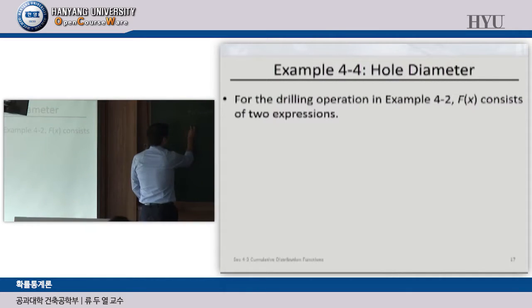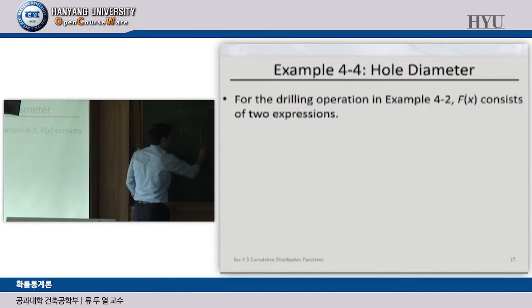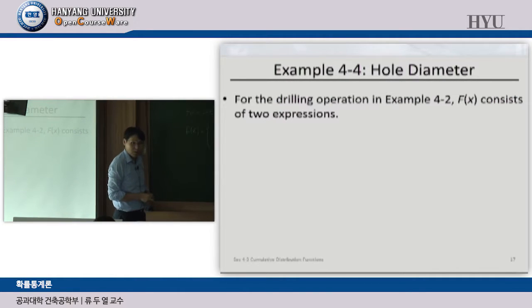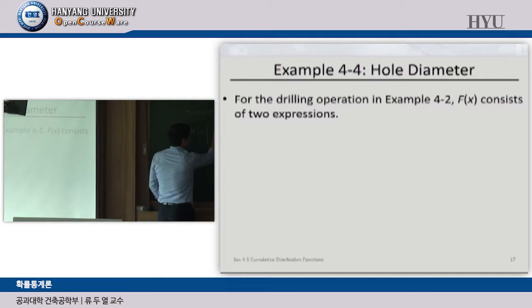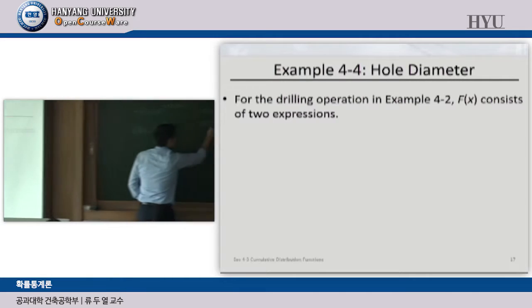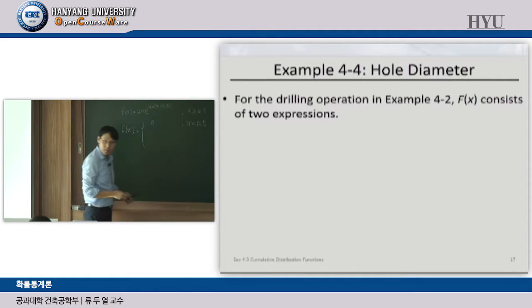So the cumulative distribution function can be divided into two parts. The first one is 0 when x is smaller than 12.5, right?